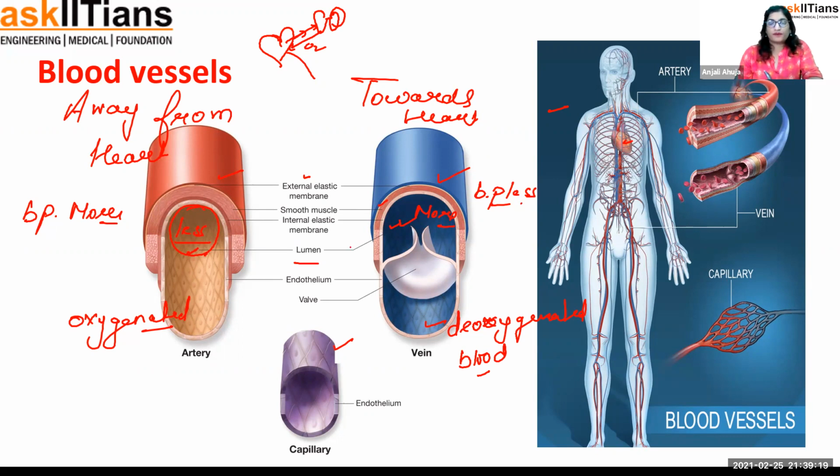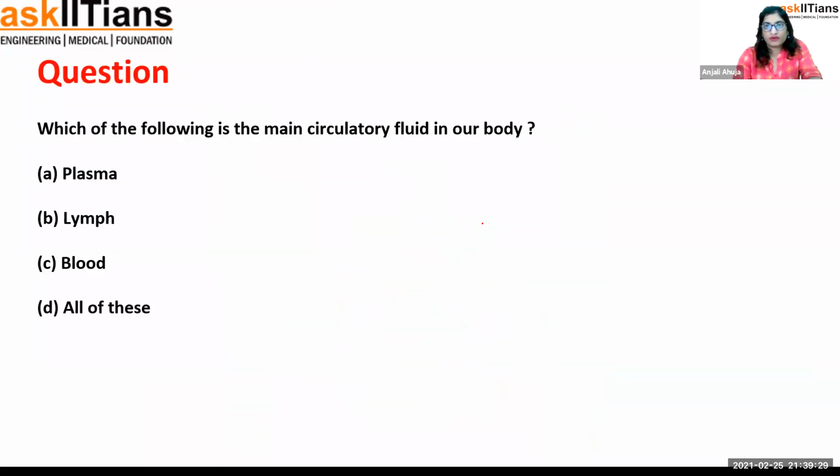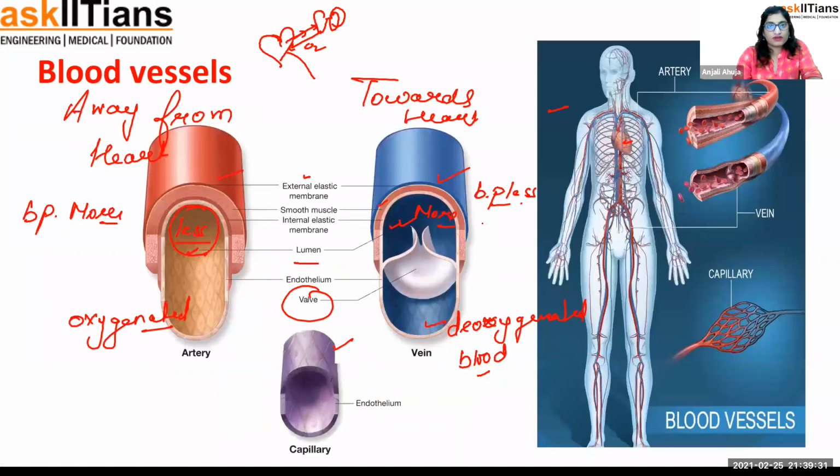Okay. So now, if you see valve, because the blood pressure is, hold on, why they have added the diagram in a different way. Hold on, I have to show you a diagram. I'm going to stop the screen share. Arteries, veins, I'll show you a diagram. Hold on.